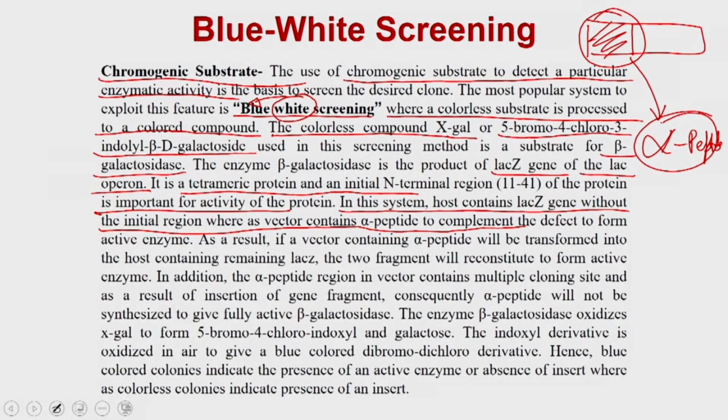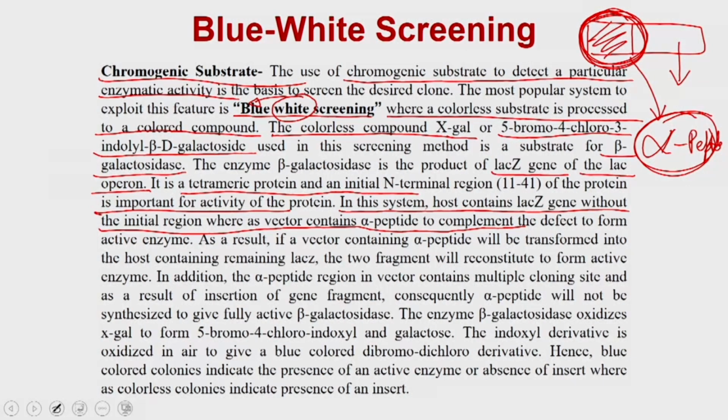If you remove this particular region, so if you have a bacterial strain which does not contain this region, then the LacZ you have is not going to be functional. In that case, you design a vector which is going to express this missing portion, called the alpha peptide.